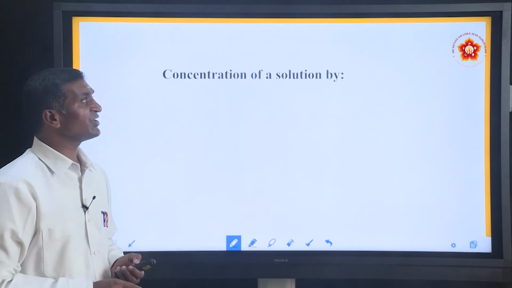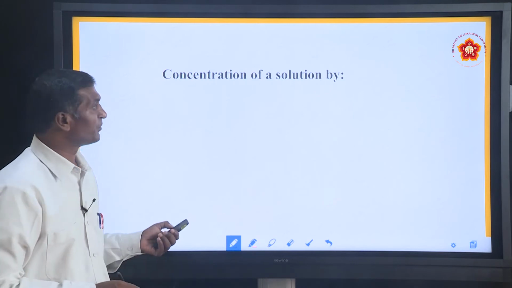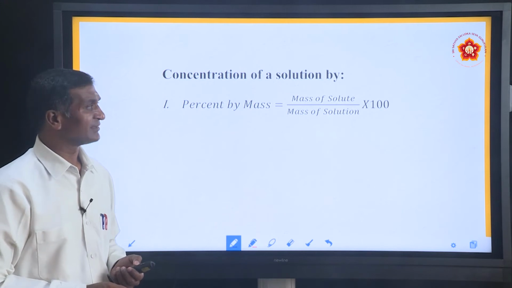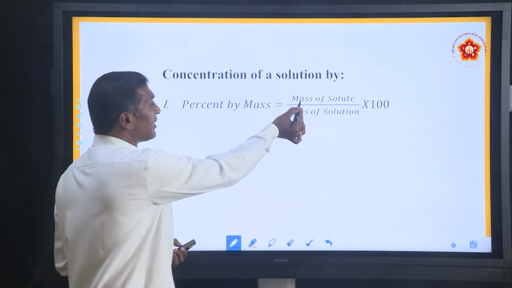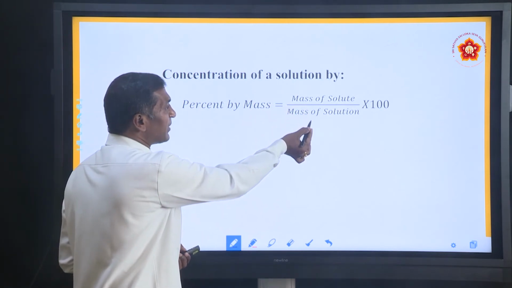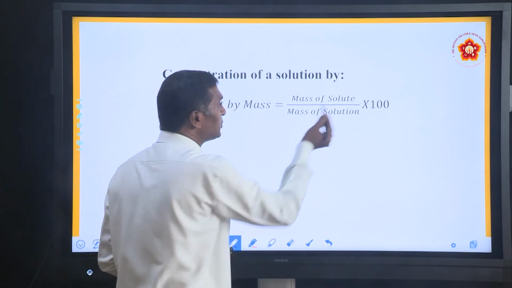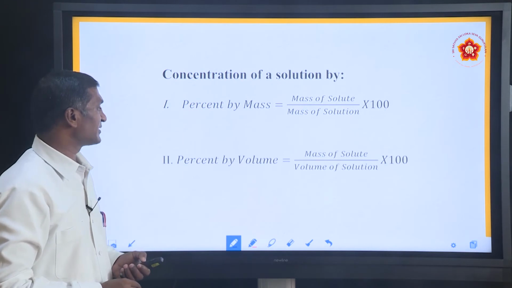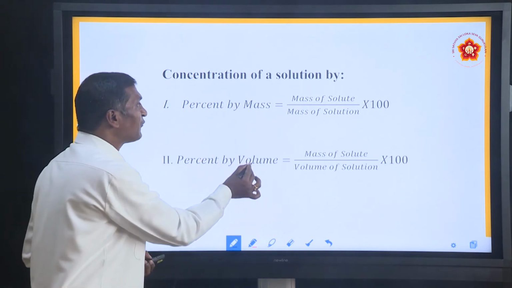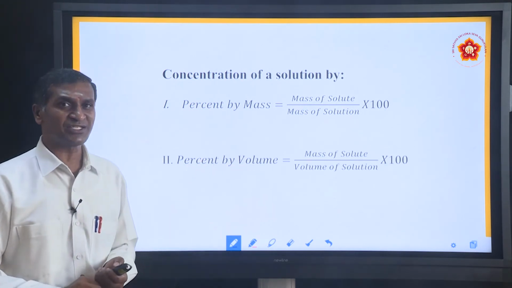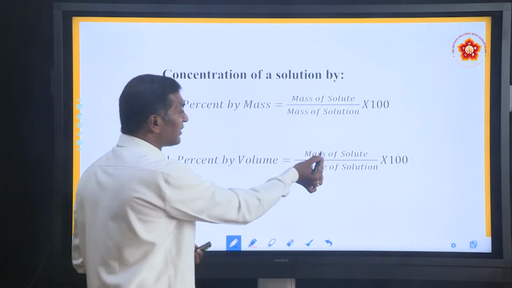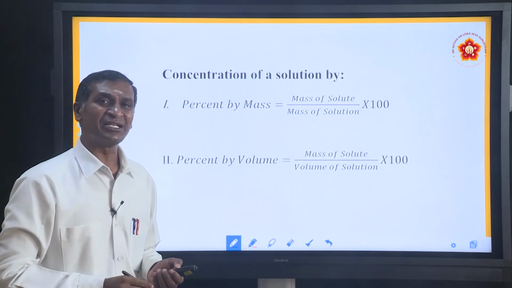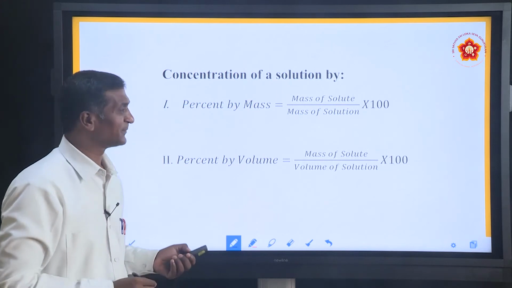The concentration of solution by percent by mass is the mass of solute by mass of solution into 100. The second part, percent by volume, is the mass of solute by volume of solution into 100.